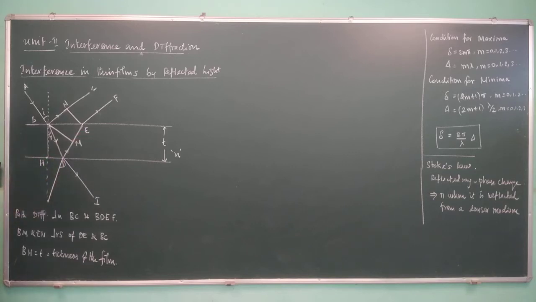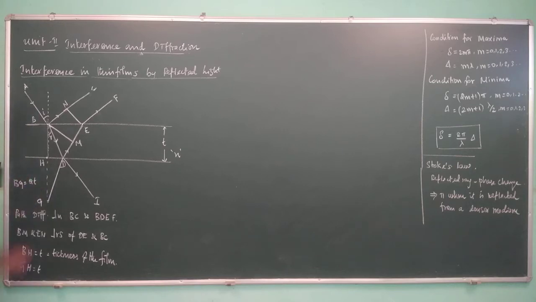So both will meet at the point G, and now this height GH is also equal to t. So if you write BG, then BG will be 2t.